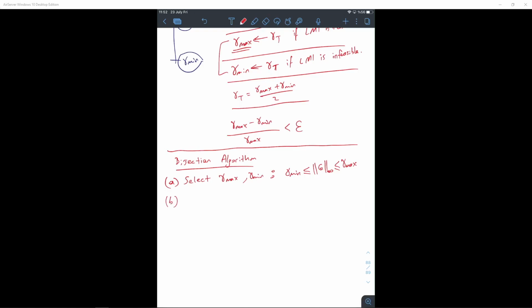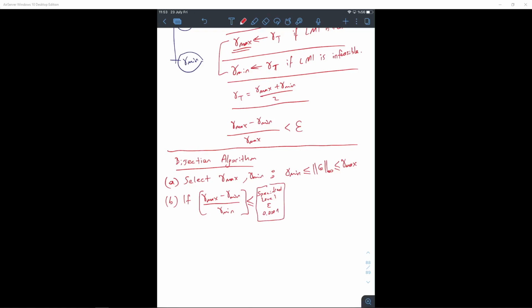Step B: if gamma max minus gamma min divided by gamma min, I'm writing directly from the Zhou book, Essentials of Robust Control, is less than or equal to a specified level, this is like epsilon, like 0.0001 or something.